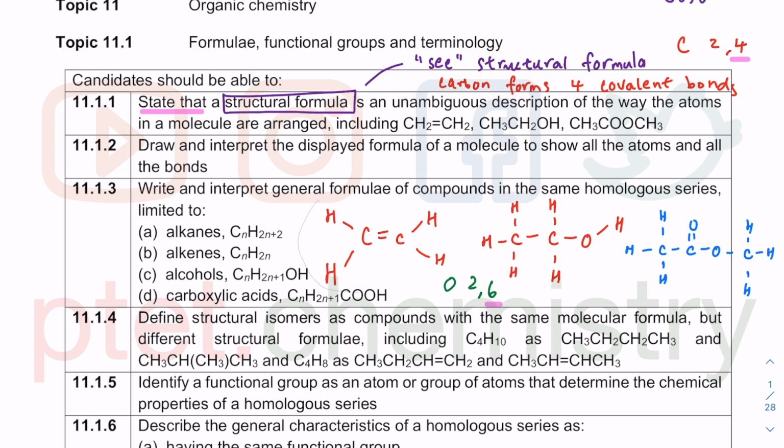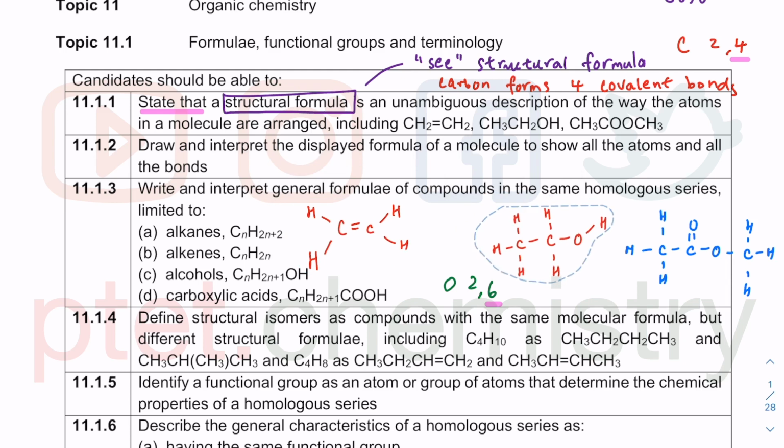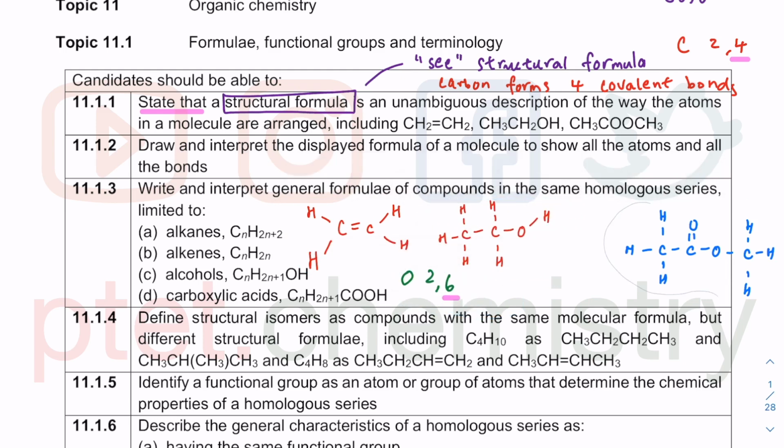Should be able to make that a little bit smaller. Should be able to make that a little bit smaller as well. Okay. Then we can see that we got some space for this thing here. Carbon forms 4 covalent bonds, CH3, C double bond O. This is a characteristic of a functional group that we will call ester later on.